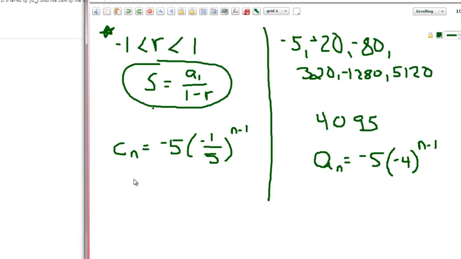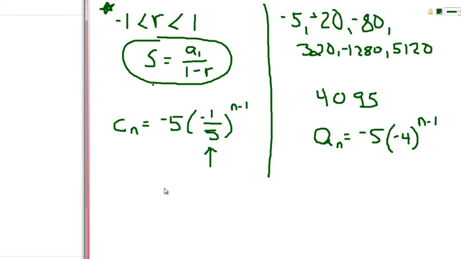And the reason why I got that is this first spot is always the first term, and it's going to be times the common ratio. Well, the common ratio is what's actually happened to it. This one here is being divided by 5. Well, multiplying by a fraction is the same as dividing. And so when this r value is between negative 1 and 1, it follows this pattern.